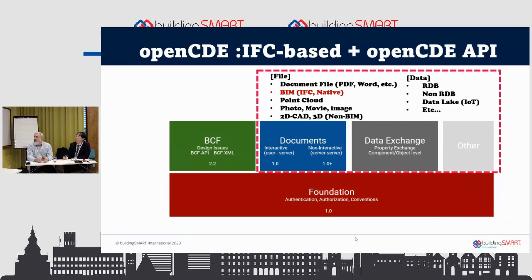So it's much more expansion like this: the point cloud, or movie or image for metaverse data, or some XR data generation, or some AI generation, or, on the right-hand side, non-RDB or data lake of IoT, etc. So not only BIM property or object data, but a variety of data connected to CDE is the next challenge of level 4.